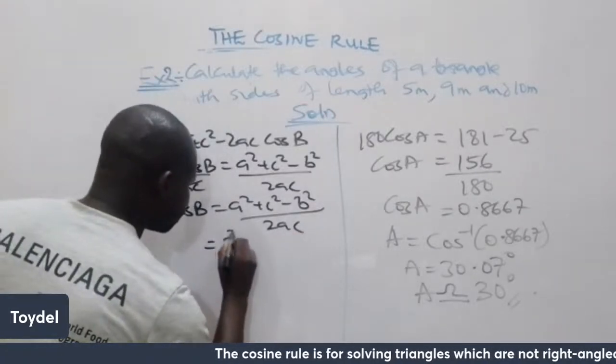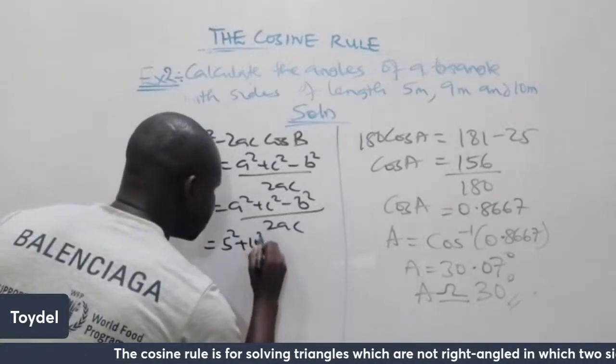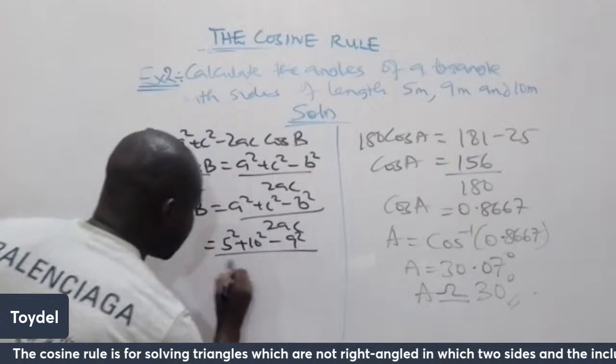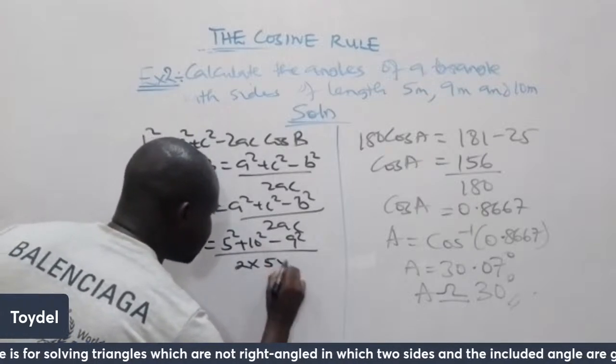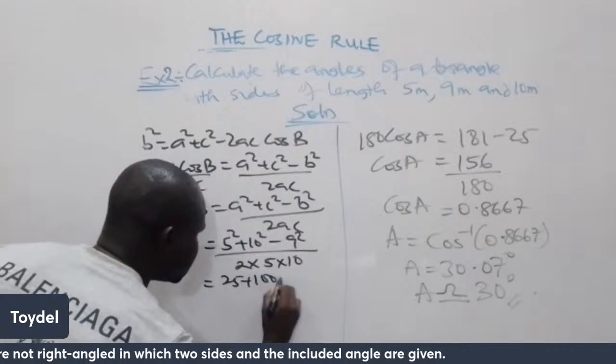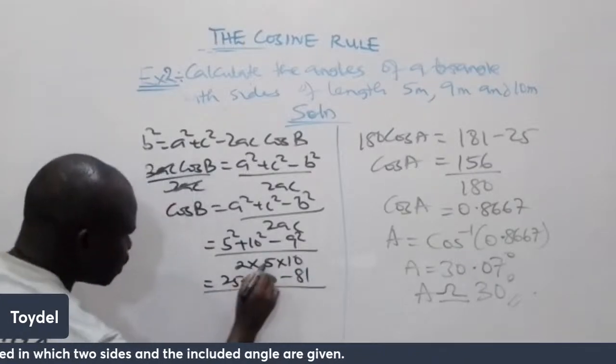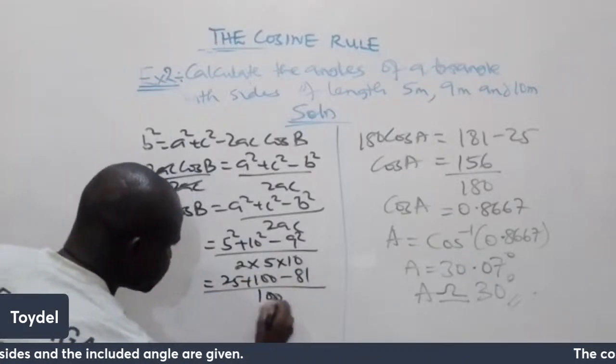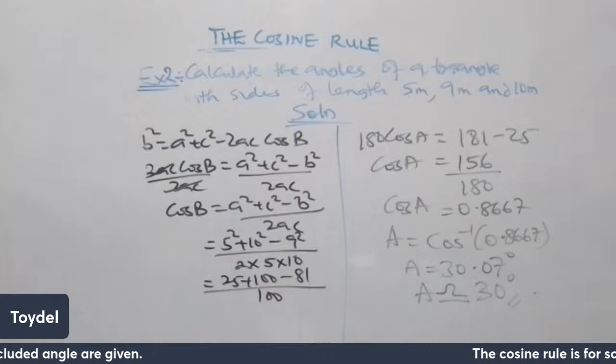So that is 5 squared plus 10 squared minus 9 squared, all over 2 times 5 times 10. Then here I'm going to have 25 plus 100 minus 81, all over 100.